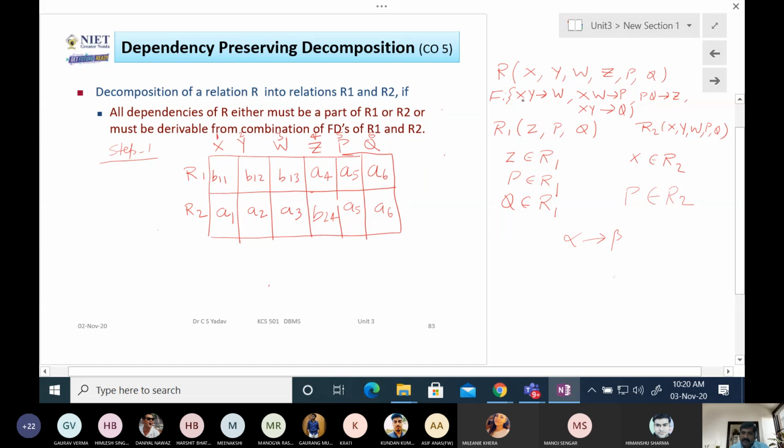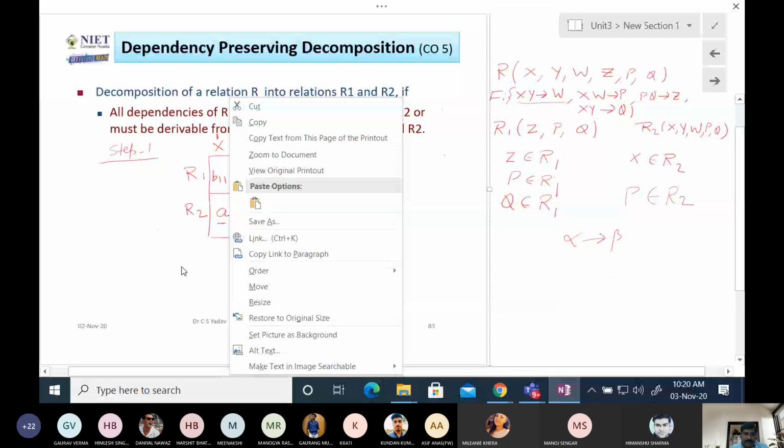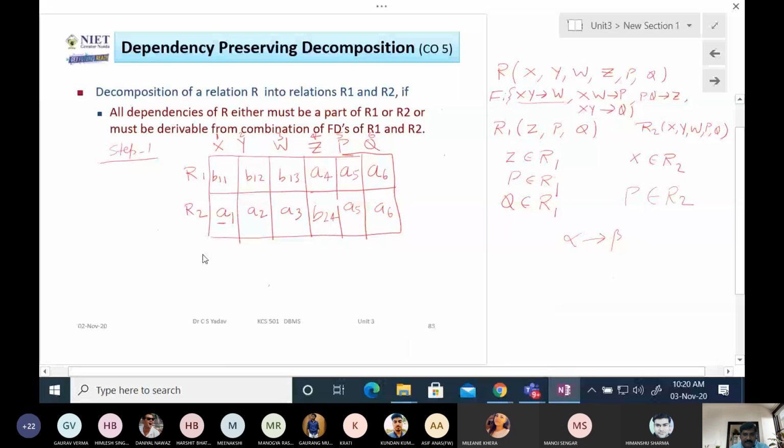Now see this functional dependency. XY is alpha and W is beta. So we will check this functional dependency: XY determines W. But no rows have equal alpha here, so this FD is not useful for us.